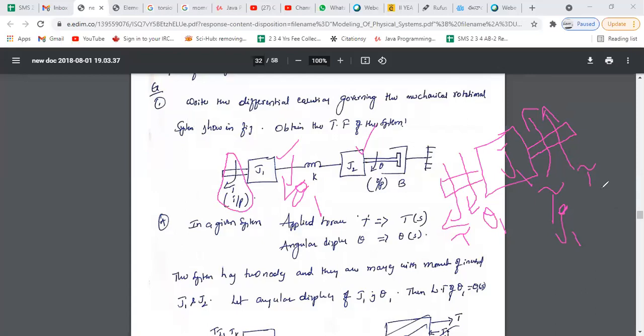Then as per Newton's second law of motion, what is the relation? Sum of applying torques equal to sum of opposing torques.